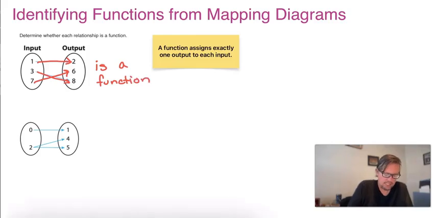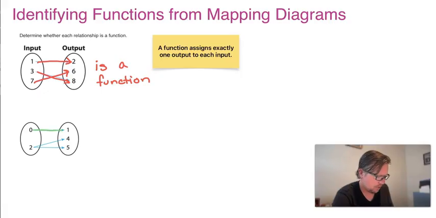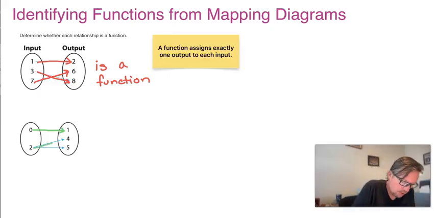Let's look at our second mapping diagram. This one has 0 going to 1. Totally fine. An input going to one output. But then we have a problem. We have number 2 going to 4 and 5.